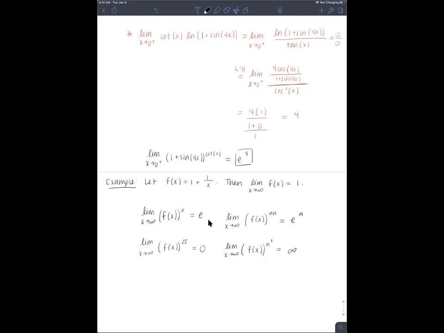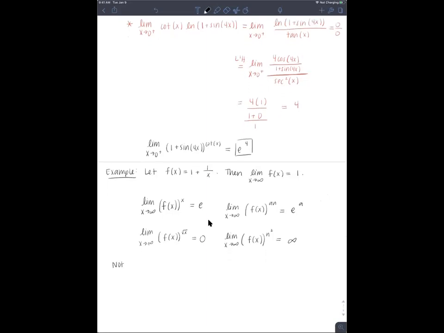And so the note I just want to make is, note the value of a limit of f of x does not alone determine the value of the limit of f of x to the power of g of x.